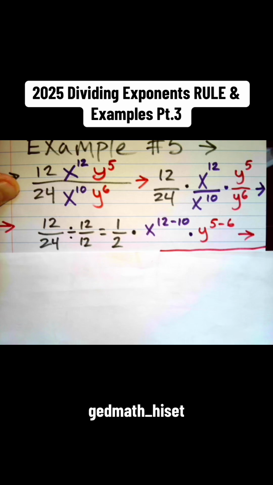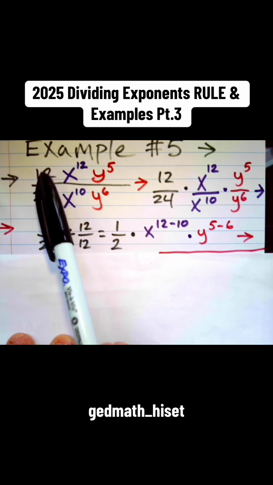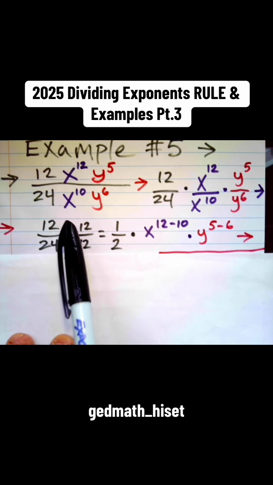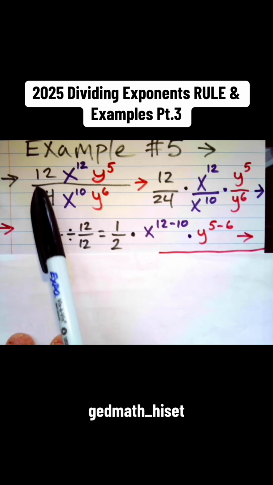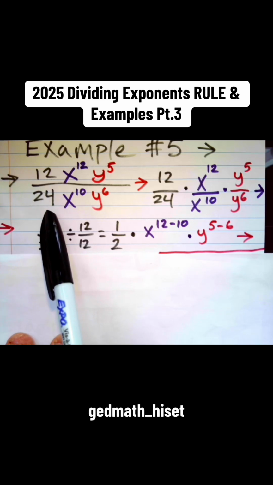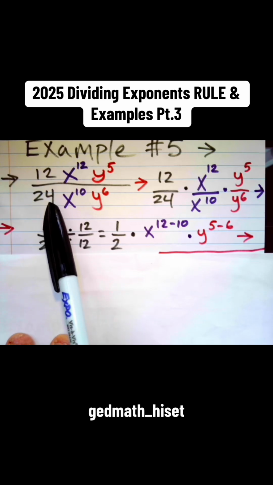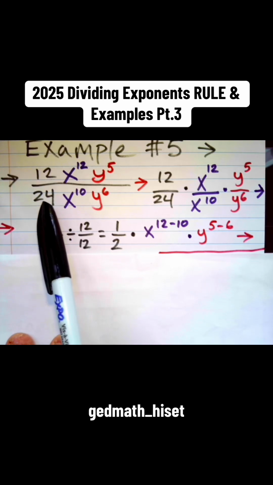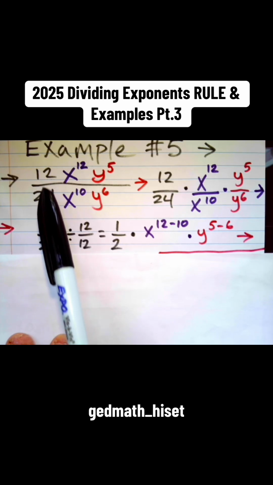So I'm showing you how you don't have to use the expanded form. If you understand that 12 divided by 24 can be reduced by dividing 12 into top and bottom, you can simplify this fraction, because I know 12 times 2 is 24, and I know 12 times 1 is 12.